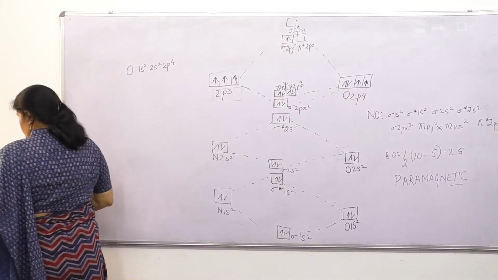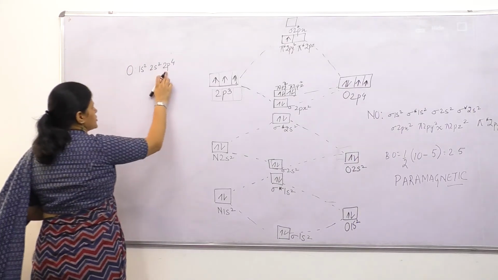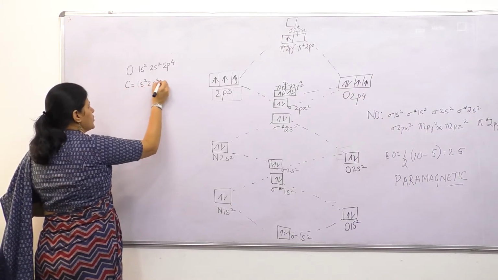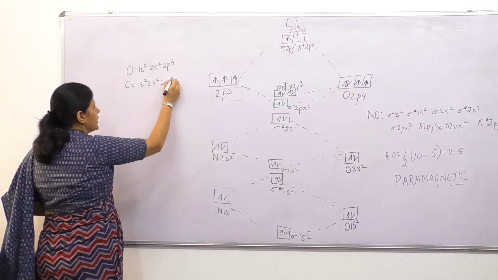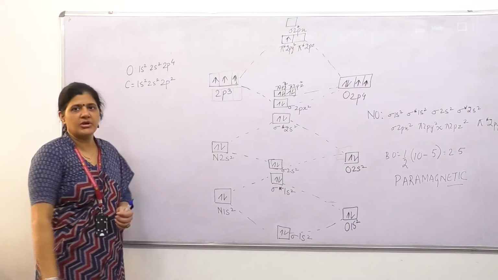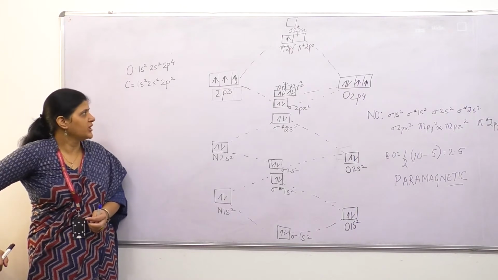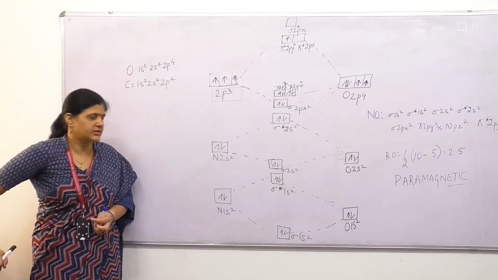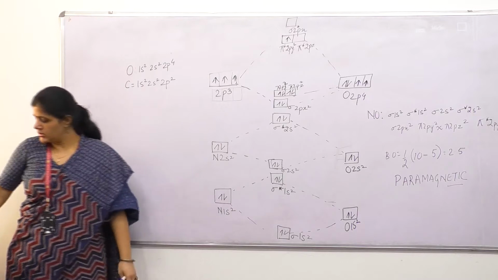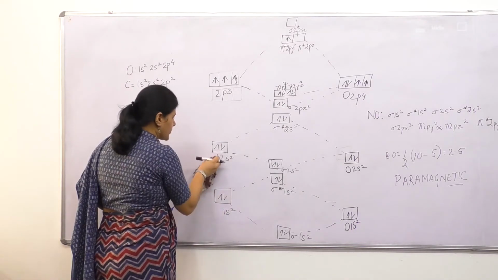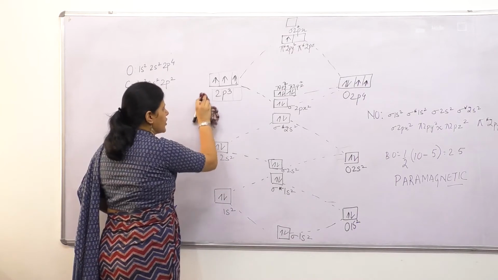This is oxygen, carbon 1s2, 2s2 and 2p2. This is carbon, atomic number 6. Now we will use the same concept here.